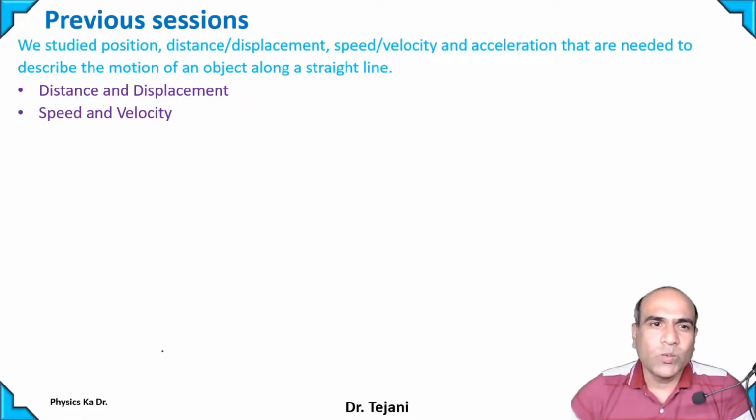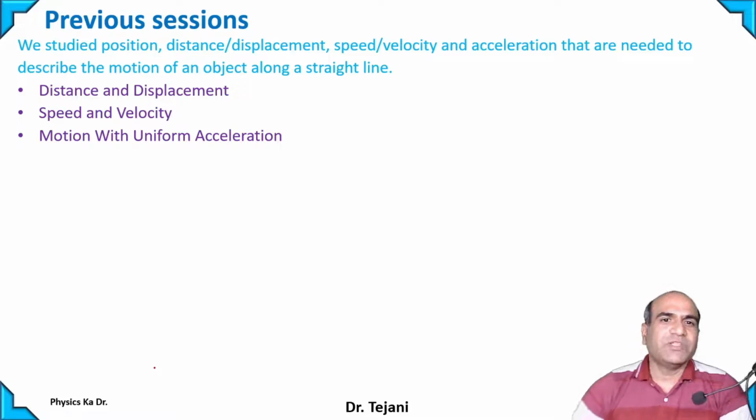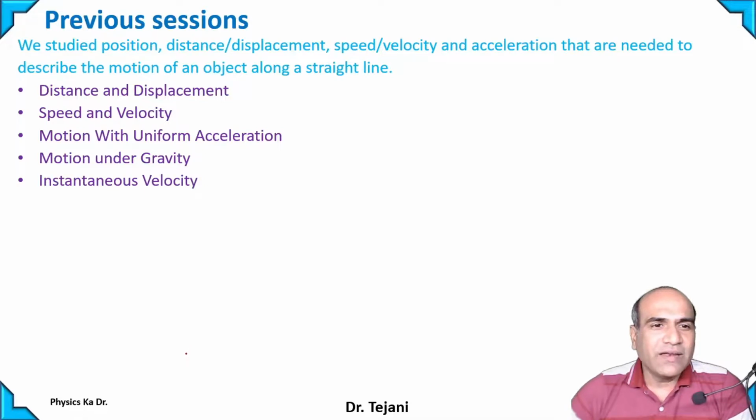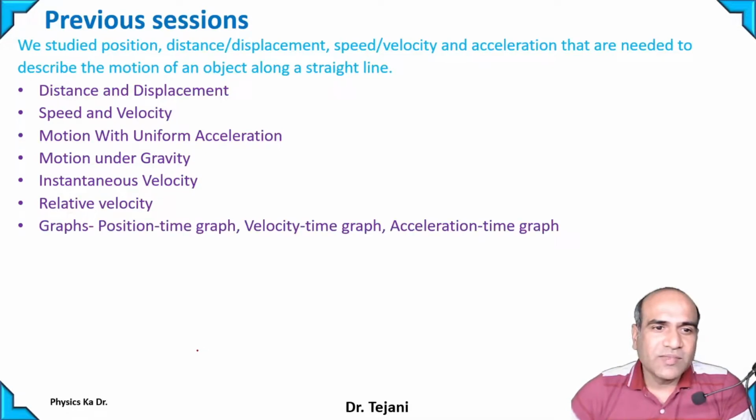Then motion with uniform acceleration and motion under gravity. Both have one topic for each of them. Then we have instantaneous velocity, which we already studied. We studied relative velocity in one dimension and the graphs.